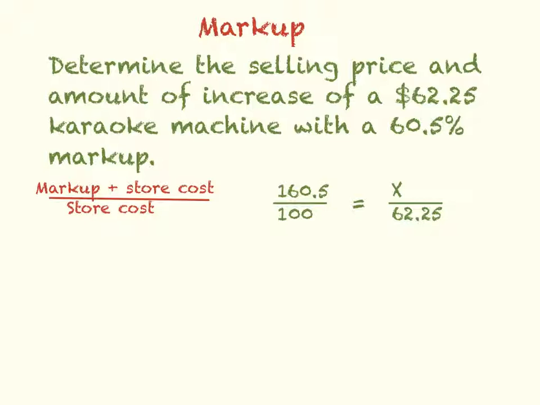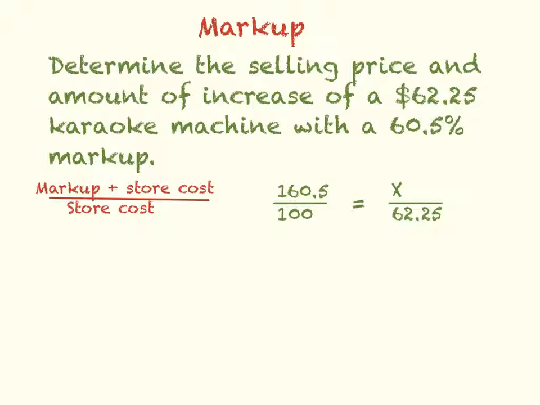Okay, now we are going to talk about markup. So it says determine the selling price and the amount of increase of a $62.25 karaoke machine with a 60.5% markup. So we have a proportion that says we're going to solve for the selling price by doing the markup plus the store cost, and that's all going to be over the original store cost, meaning what did the store pay for the item.